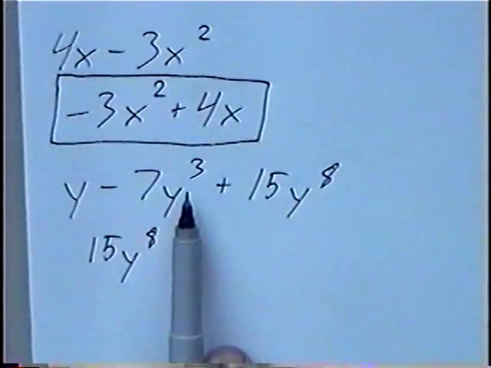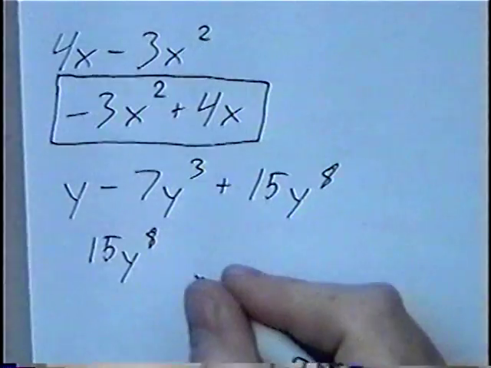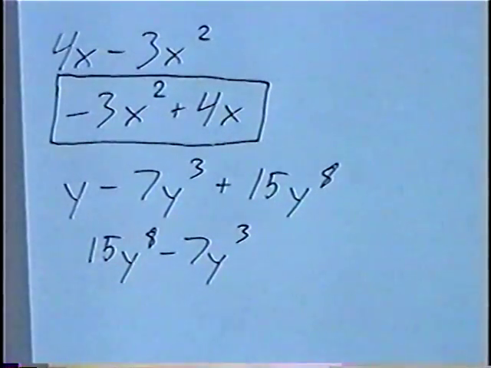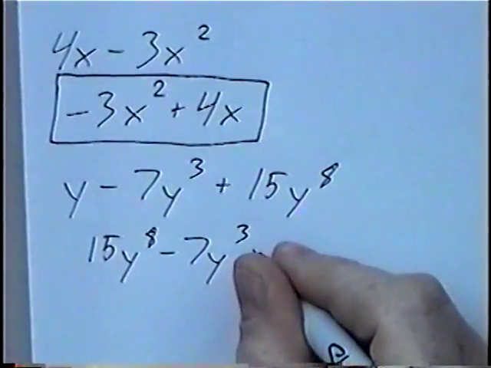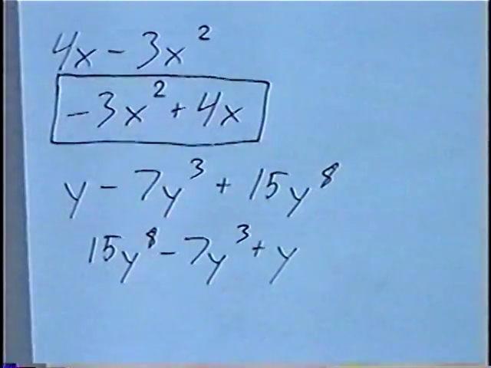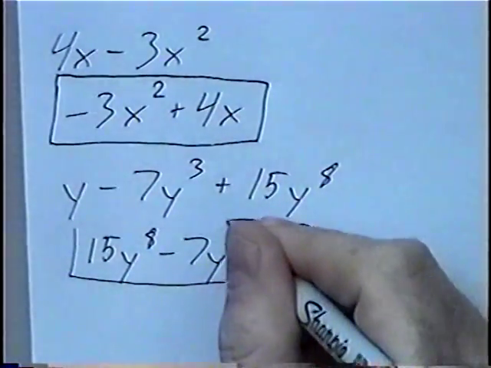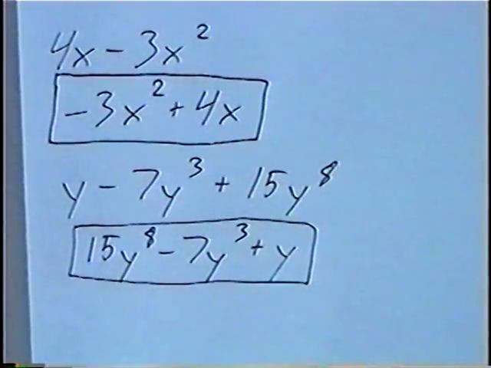The next highest exponent would be 3, so the term minus 7y to the third power would be our second term. And our last exponent, which would be a 1 or a single y, since it's positive, we can put plus y. So our final answer would be 15y to the eighth minus 7y to the third power plus y.